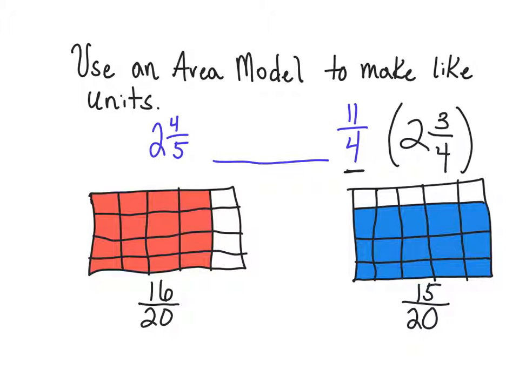So now we can say 2 16/20 is greater than or less than or equal to 2 15/20. So we could obviously see by these area models and our new common unit that 2 4/5 is greater than 11/4, which is really 2 3/4.